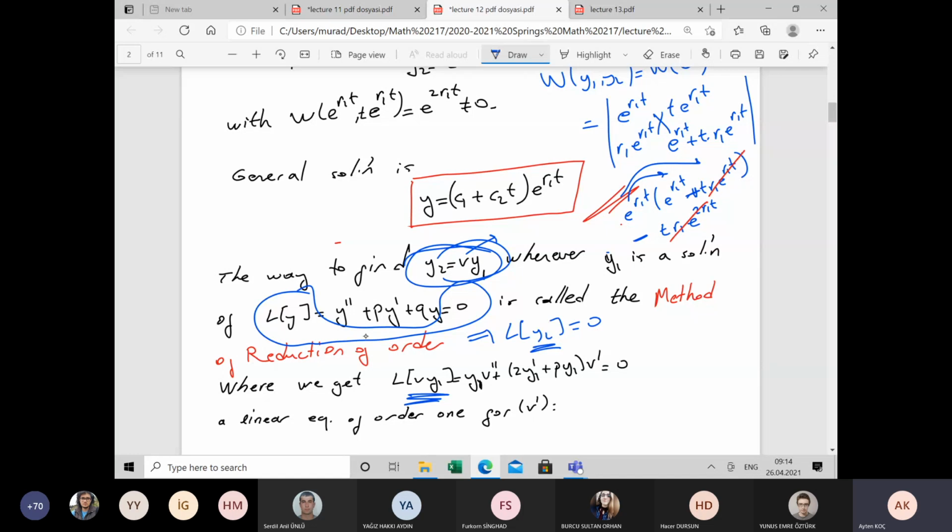So look at this differential equation. What can you say about the resulting differential equation?